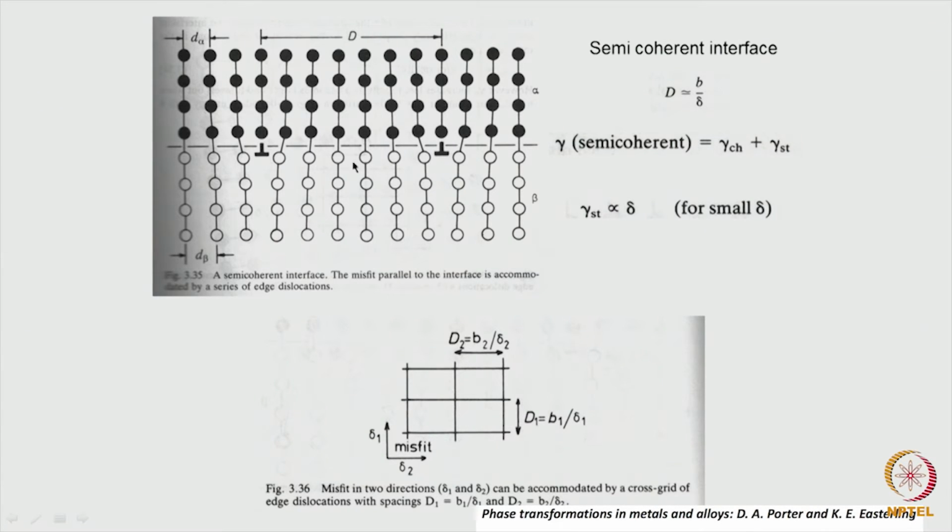So for these boundaries, there is going to be a chemical free energy plus the strain energy. Both of them together will decide what the total energy of the interface is going to be.